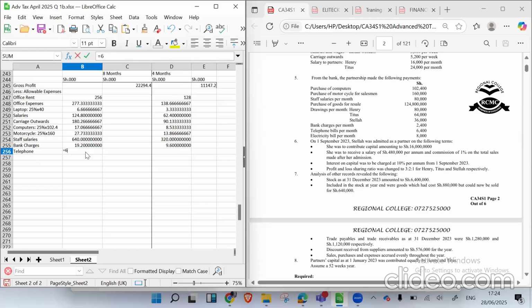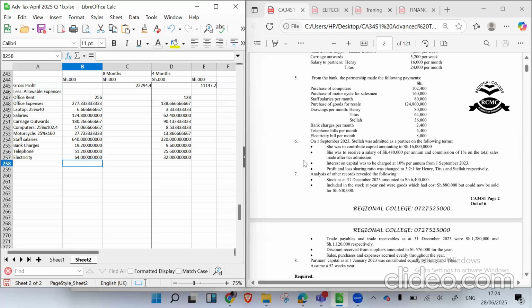So equals to 6.4 times 8 and 6.4 times 4. Electricity per month, 8,000. So that is 8 times 8. And we have 8 times 4.